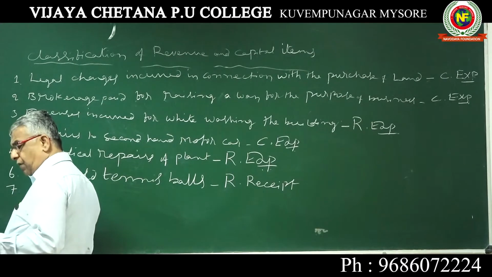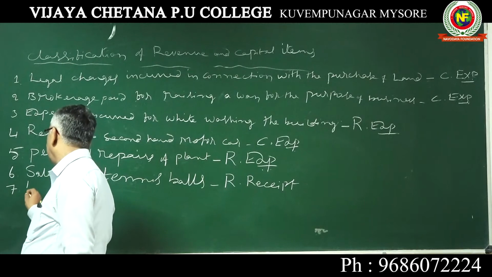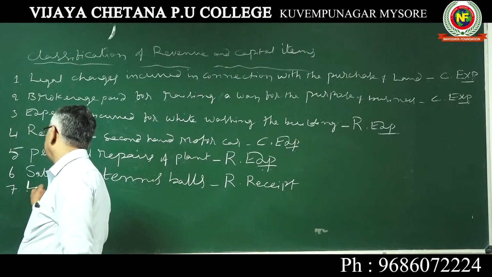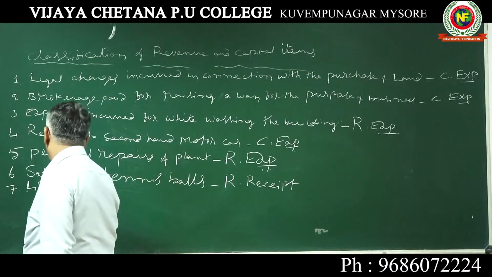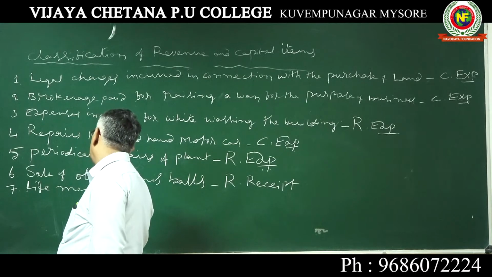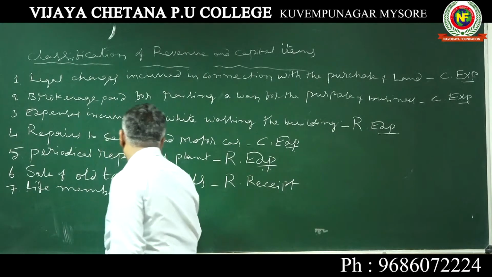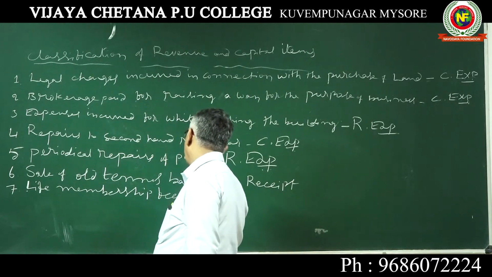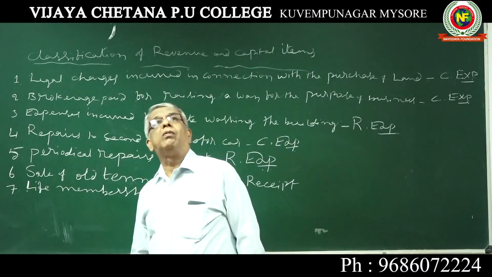And then the 7th one is life membership fees. As you know, I already explained this while working out the problem.